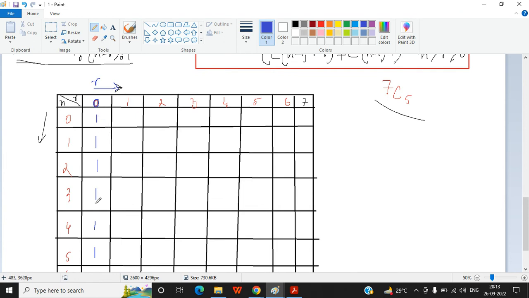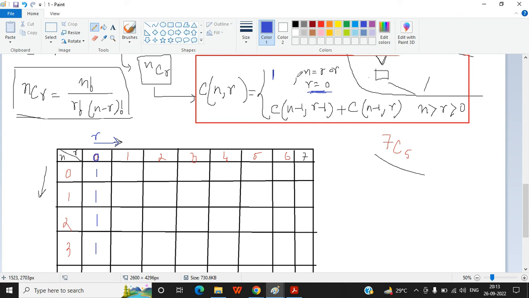All the values in this column will become 1.